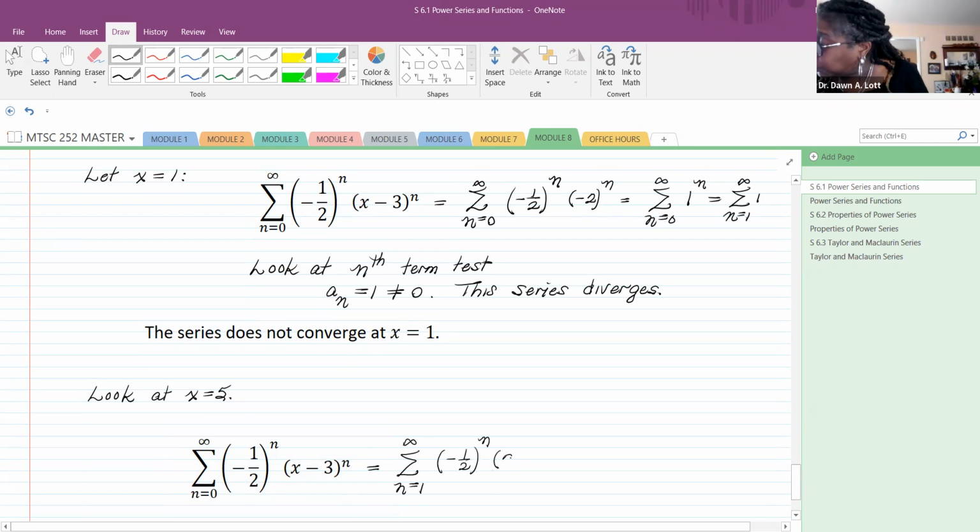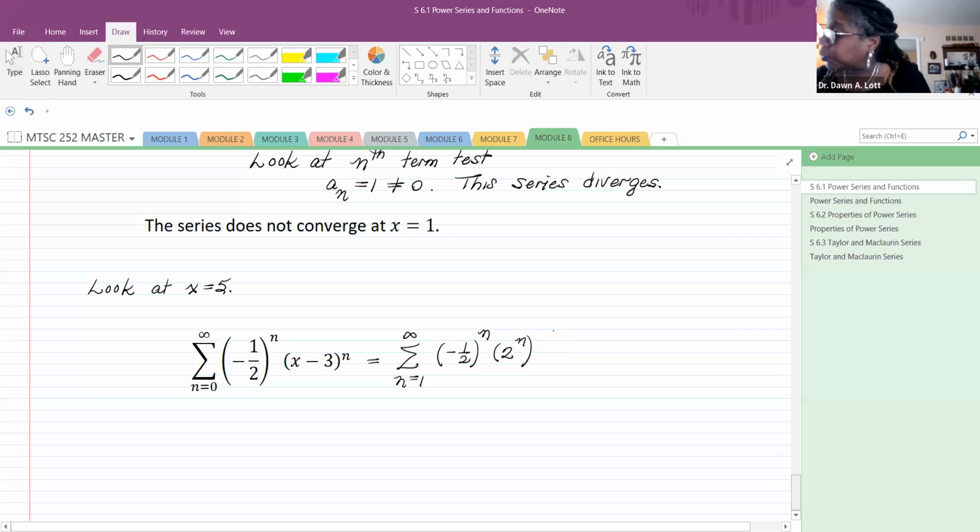That's going to give me 2 to the n. So now I'm going to get negative 1/2 times 2. That's going to give me negative 1 to the n.